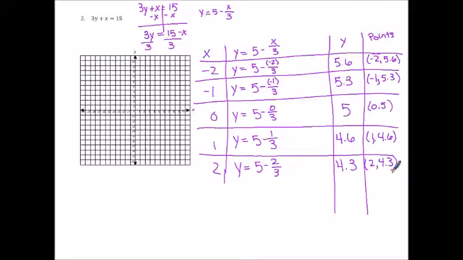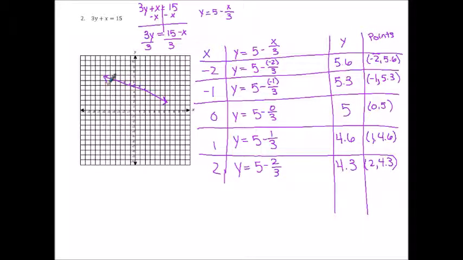Our first point is -2, 5.6: 1, 2, 3, 4, 5, and that's a little bit more than half. Then -1, 5.3, then 0, 5, then 1, 4.6, and then 2, 4.3. So we can draw our line through.